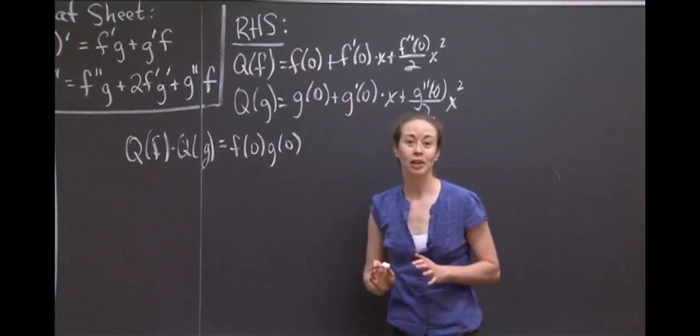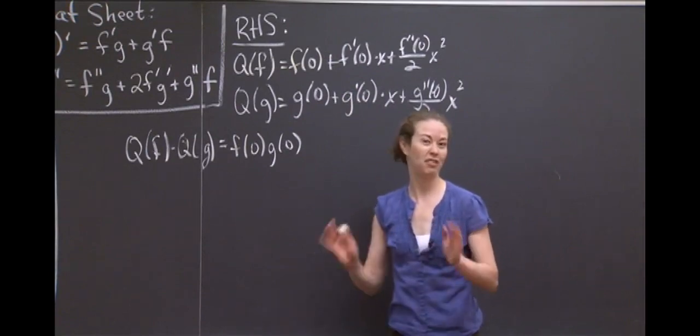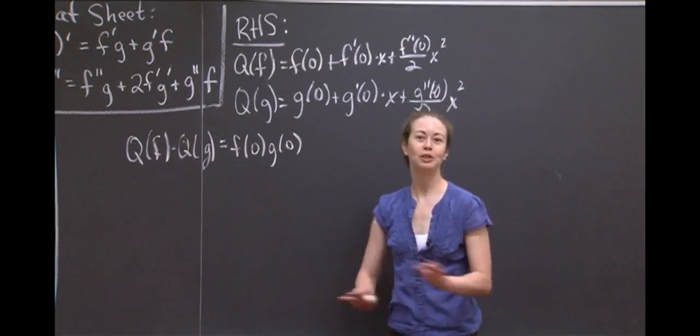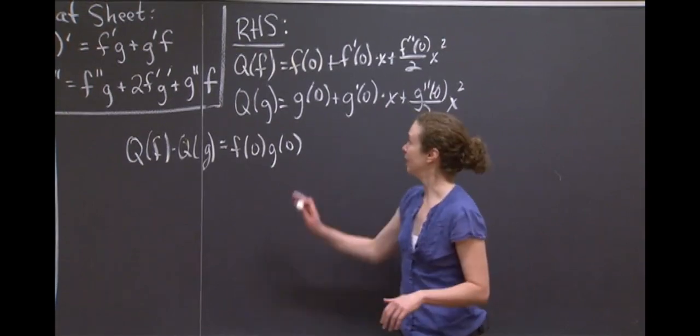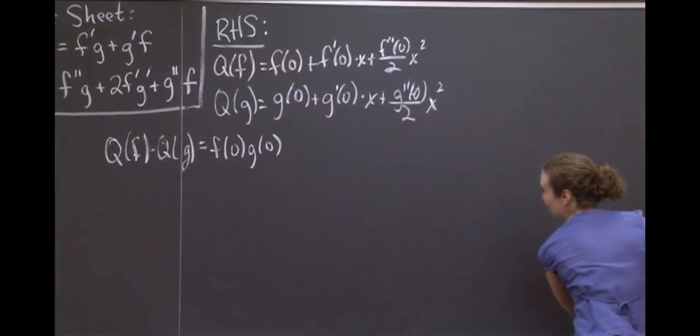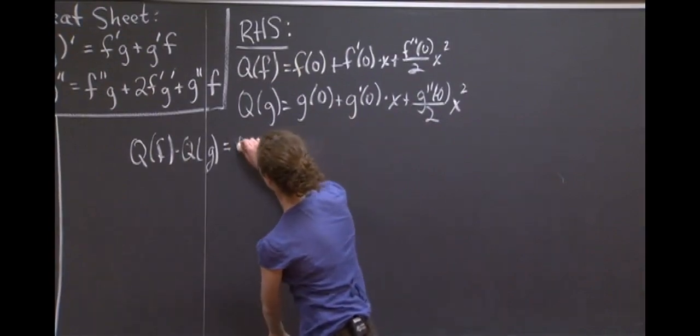Actually, if you'll allow me, we'll know that anywhere we see an f or a g or an f prime or a g prime or an f double prime or g double prime, they're all evaluated at 0. So I'm going to drop the zeros from here on out. Anywhere you see those, I'm evaluating them at 0. Otherwise, this will be way too long. So let me write this just as fg.